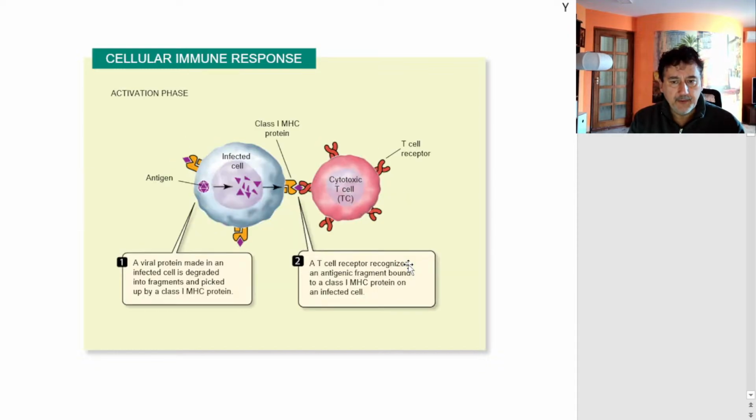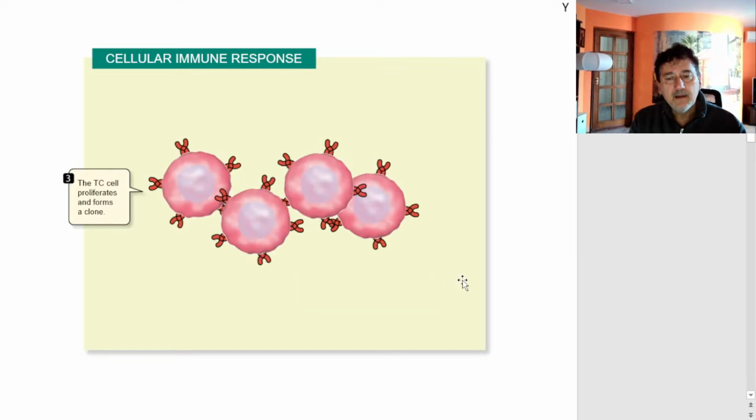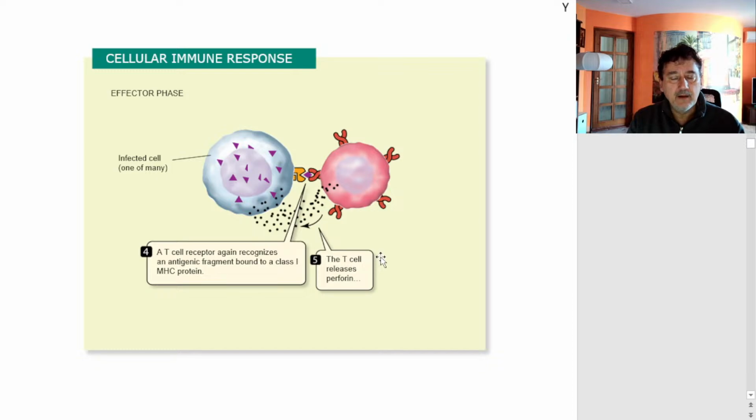Two things will happen. If this connection is established, then there will be a clonal selection or selective proliferation of those cytotoxic T cells which recognize the antigens, and on the other hand, it will destroy the viral infected cells.